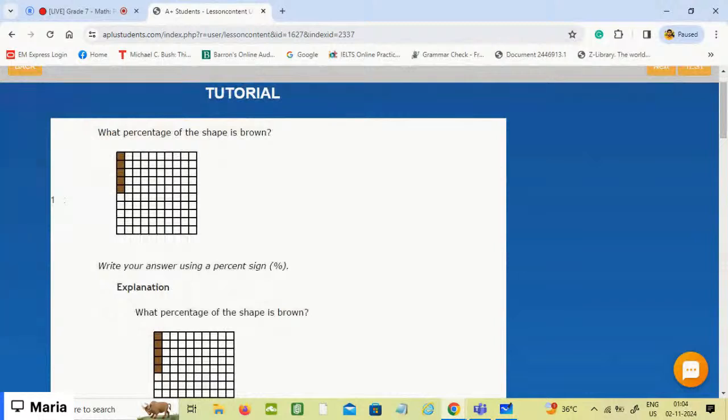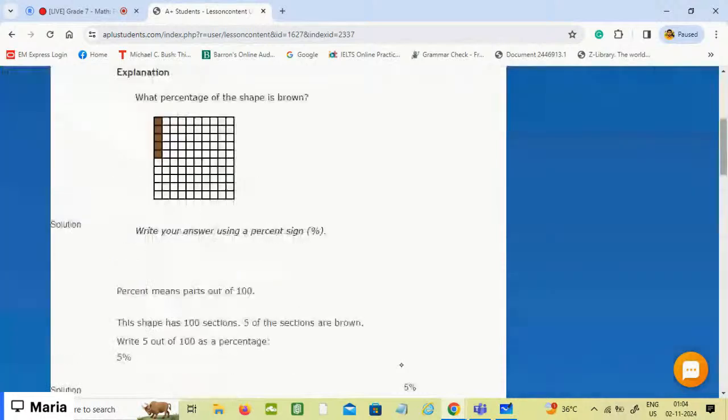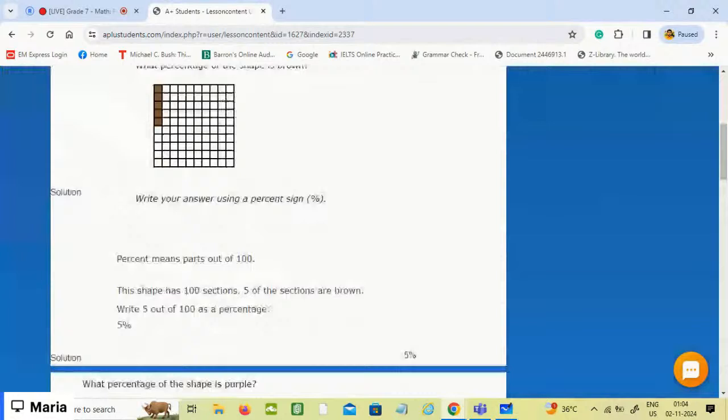Out of the 100, just 5 of them are brown. So you can write it as 5 out of 100, right? And 5 out of 100 means 5%. So 5 out of 100 means that is 5%, right?